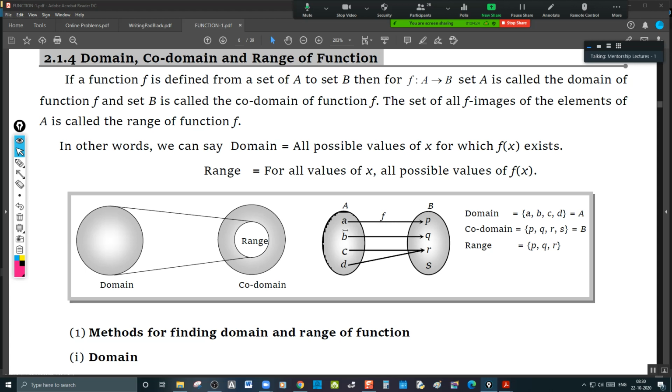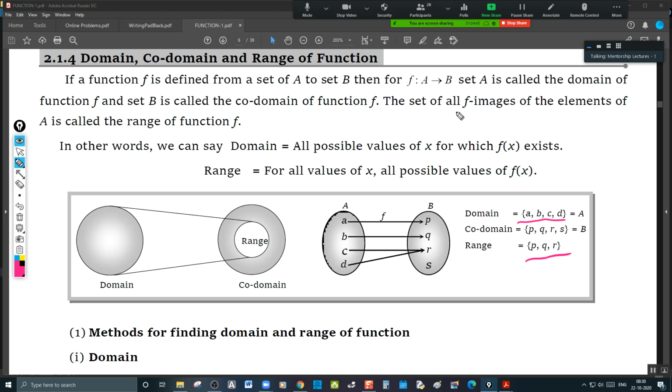So here the domain is ABCD and codomain is PQRS. Just see this. Domain is ABCD, codomain is PQRS and range is only PQR. Remember that. The elements that are associated only will be taken as the range.